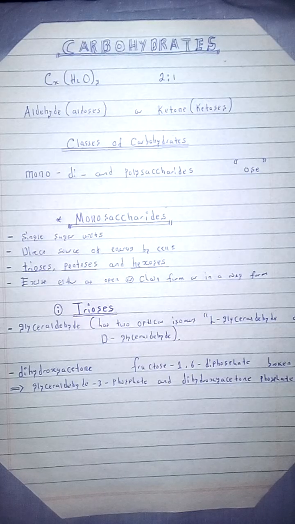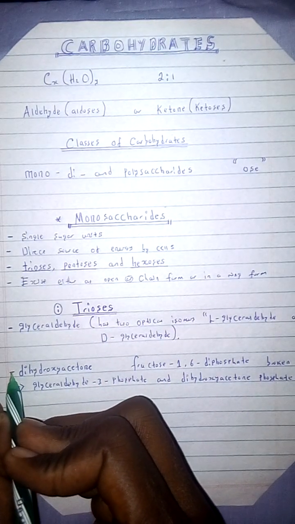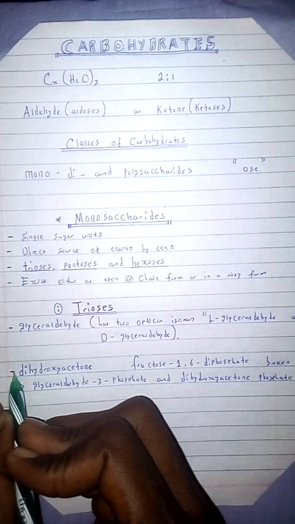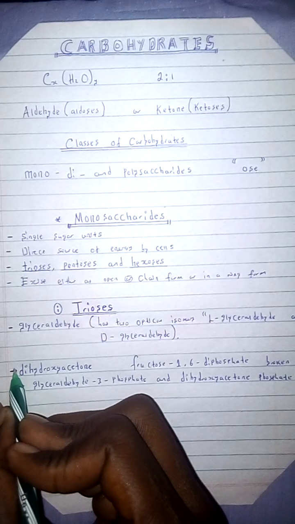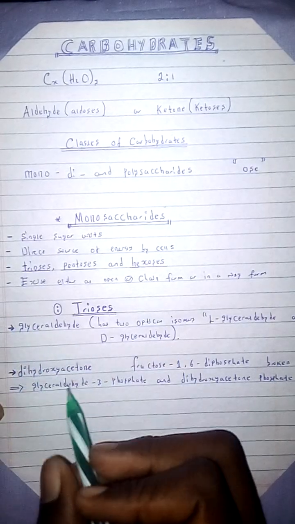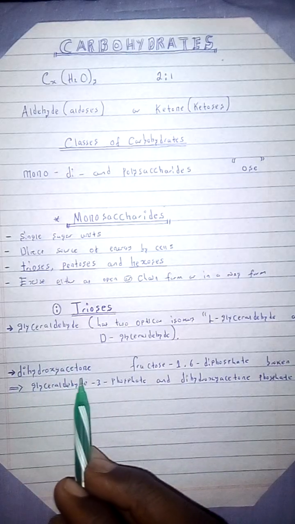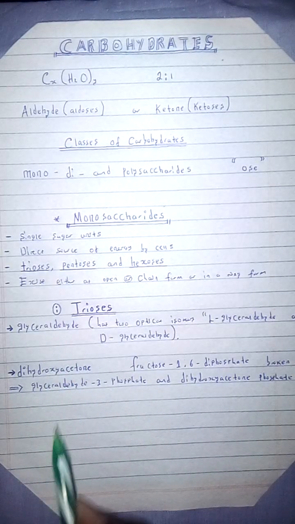Let's look at the structure of these two trioses. We said this is an aldehyde and this is a ketone. So what's the difference between the two?